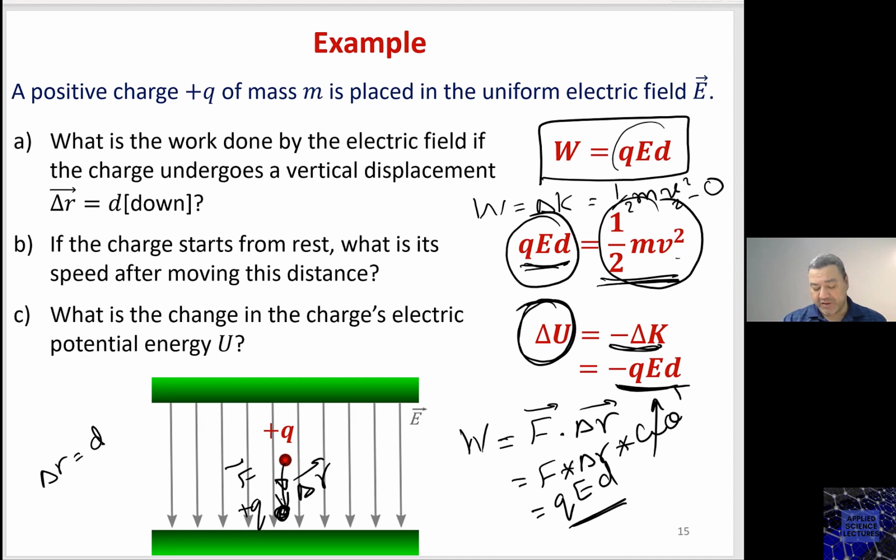Why? Because delta U equals minus delta K, and delta K is qEd.